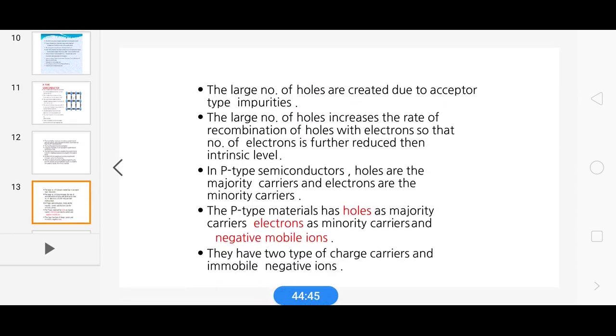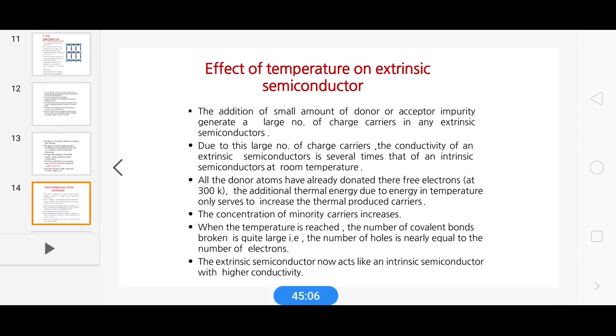So in the p-type semiconductor, majority charge carriers are holes and minority charge carriers are electrons, and there are negative immobile ions in the p-type semiconductor. And the effect of temperature on an extrinsic semiconductor is, as temperature increases, the covalent bonds will be broken and a large number of electron-hole pairs will be generated.